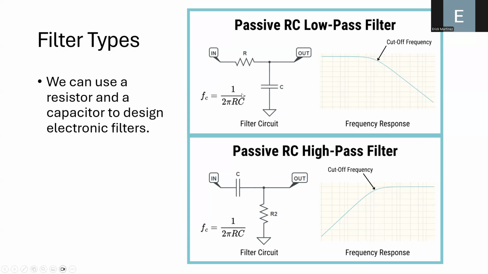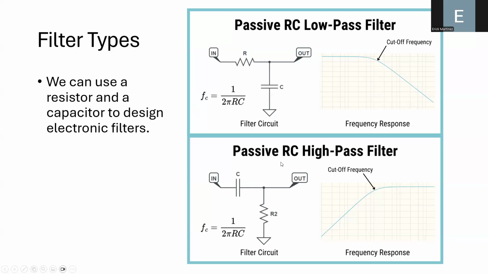You can define the threshold at which the low pass filter allows certain frequencies to pass by using the following formula: 1 over 2 pi times RC. With this value, you can define the threshold of your low pass filter.